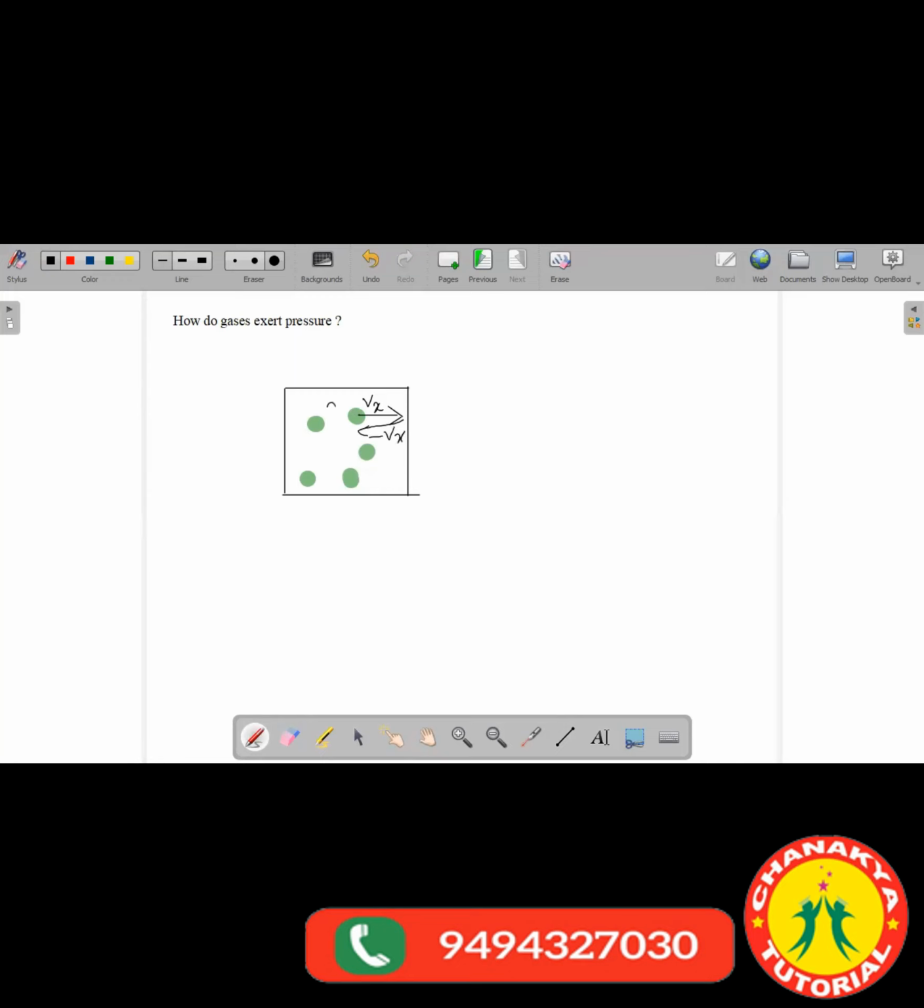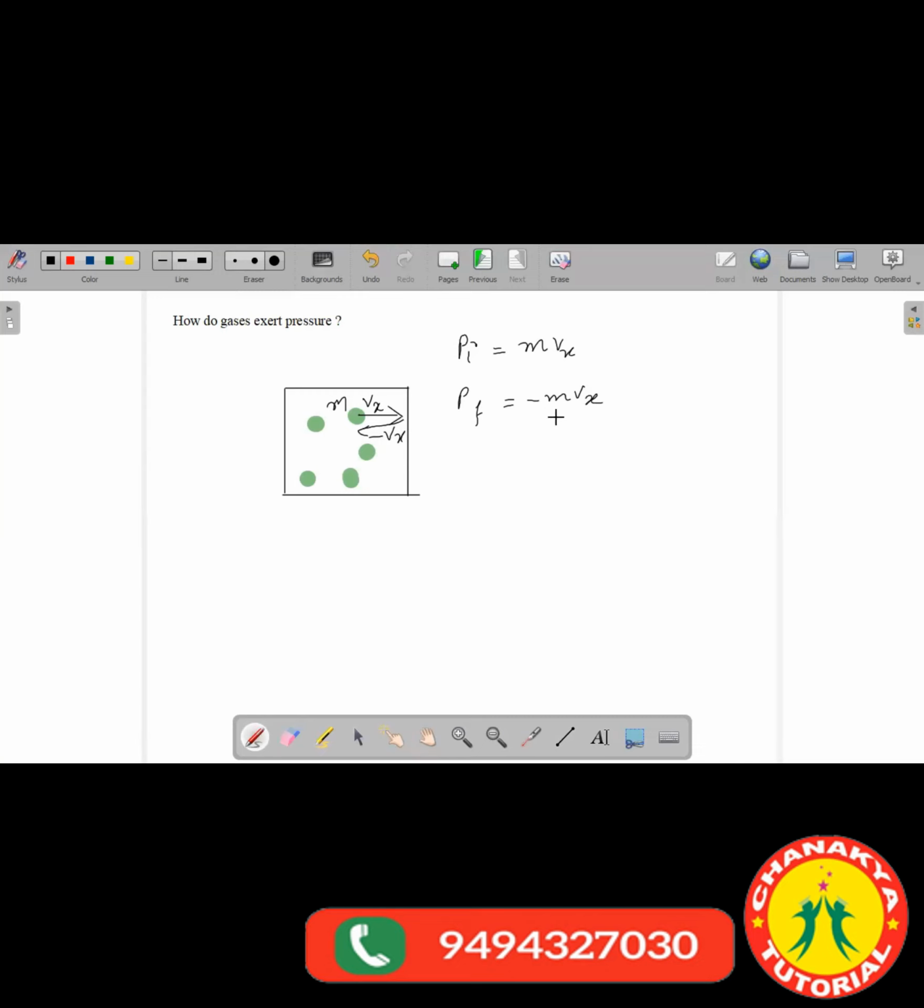If the molecule has mass m, we can observe that there is a change of momentum. Initially, when the molecule is moving along the x-axis, its initial momentum is mVx. The final momentum is minus mVx, as the velocity is now in the negative x direction.